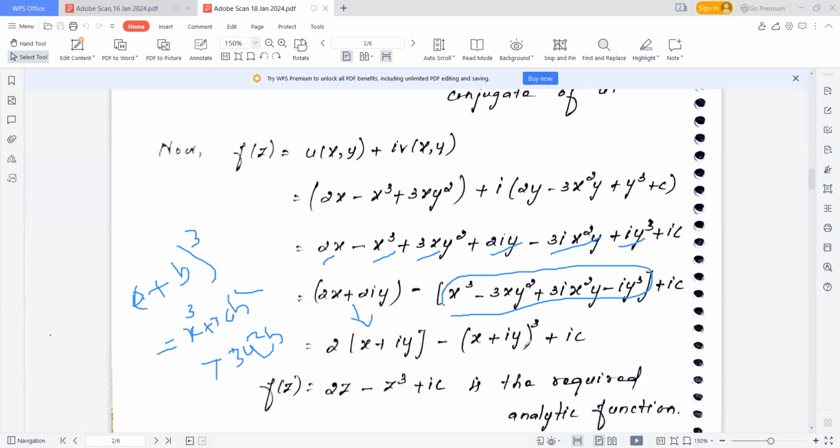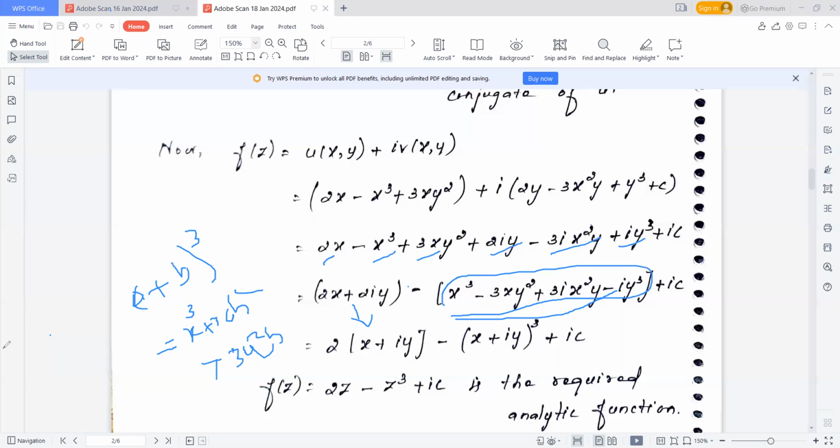Therefore, we get minus iy cube. So these four terms are equal to x plus iy the whole cube. We know that x plus iy is equal to z. Therefore, f of z is equal to 2z minus z cube plus iz, which is the required analytic function.